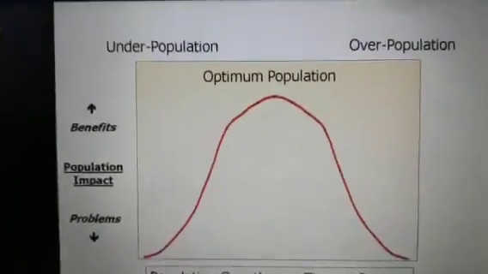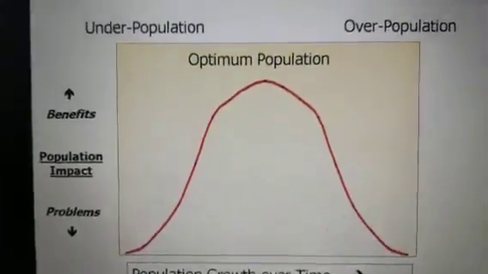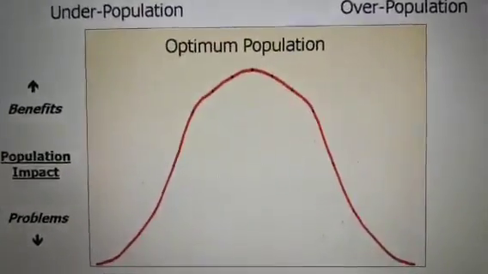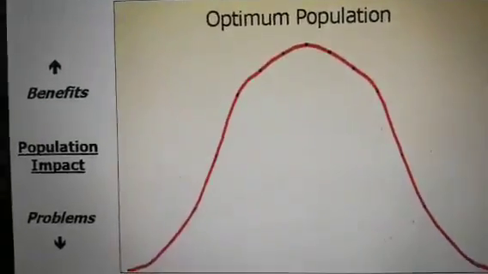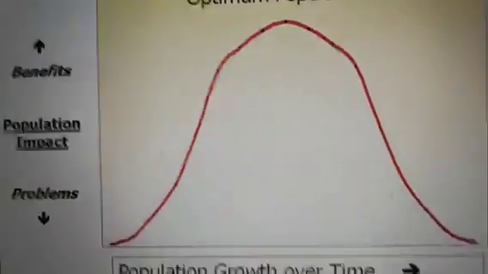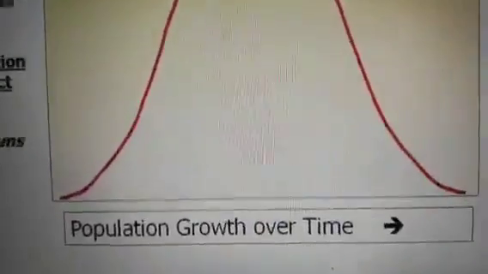And now we can explain by this figure. Dear students, on the y-axis you can see I am dealing with population impact, that is benefit and problems, and the x-axis denotes the population growth over time.